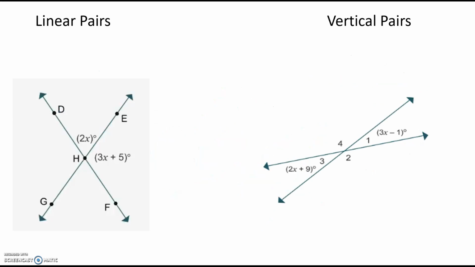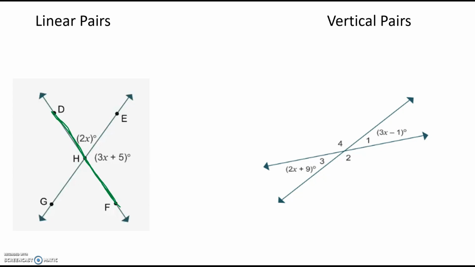Sometimes you're given problems that have only variables, and you have to figure out what to do with them. Our first step, let's look at the one on the left. We're going to identify that this right here is a straight line.